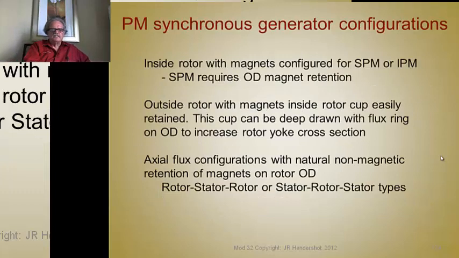The configuration options are inside rotor with magnets configured as SPMs or IPM. Of course, we've talked about that. SPMs require retention, or outside rotor generators can be built just like outside rotor motors with a rotor cup which retains itself. The rotor cup is self-retaining.